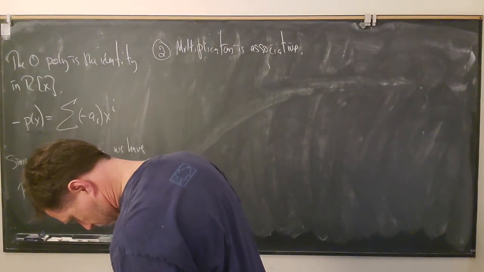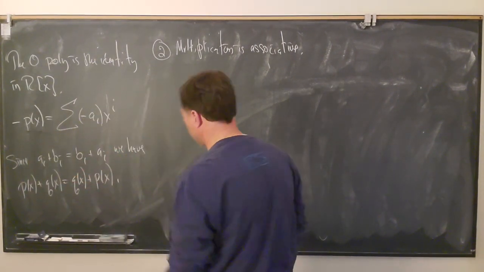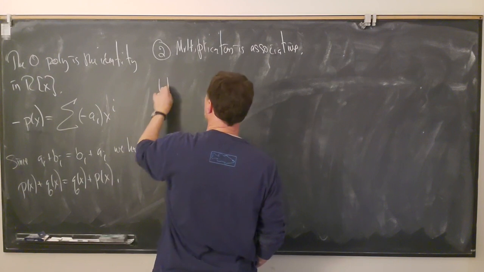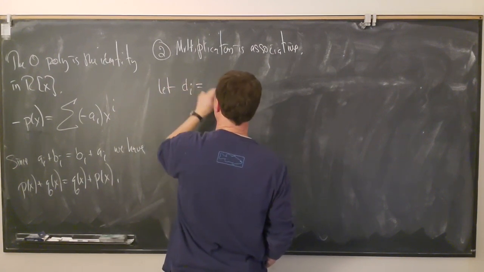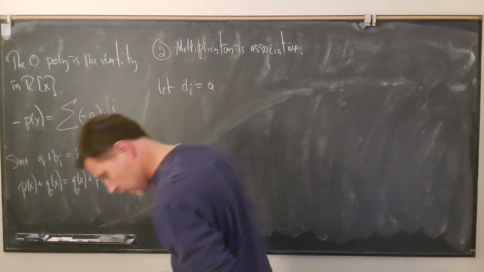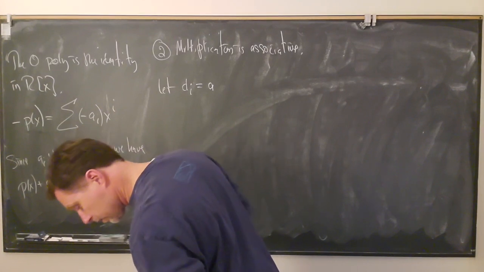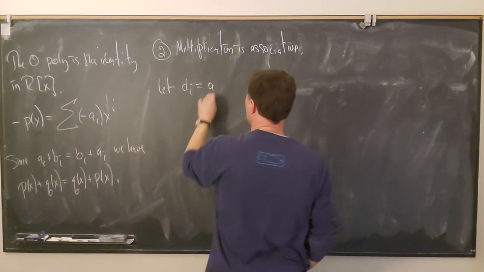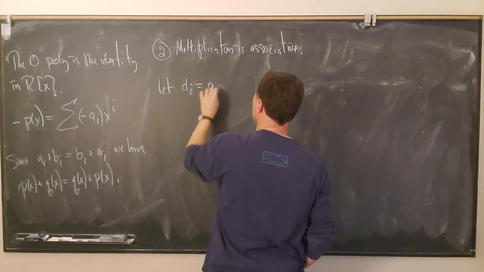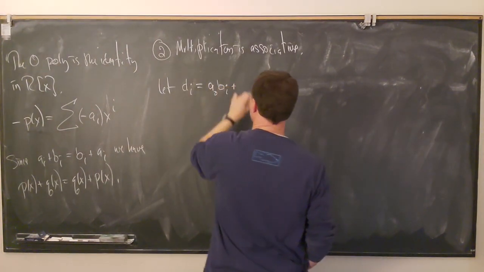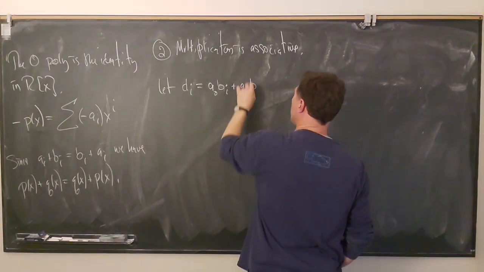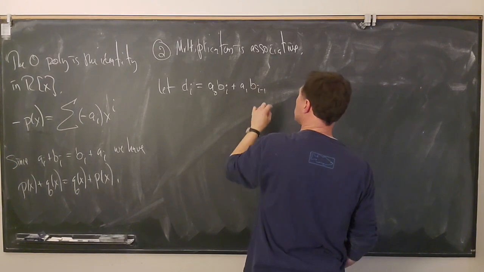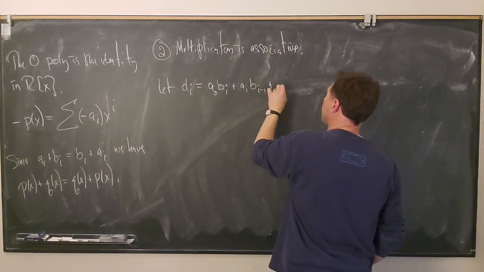Okay, so what do I want to do? Let's let D sub I be A0 times B sub I plus A1 B sub I minus 1 plus dot dot dot.